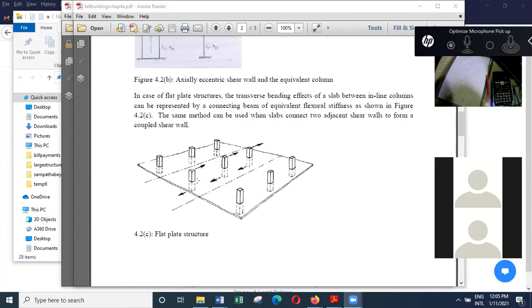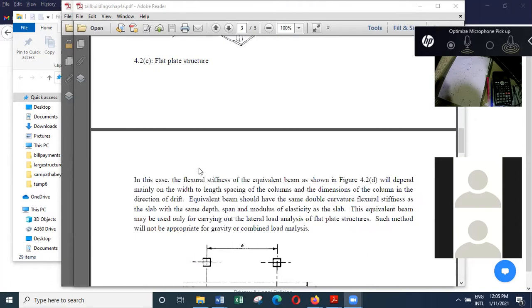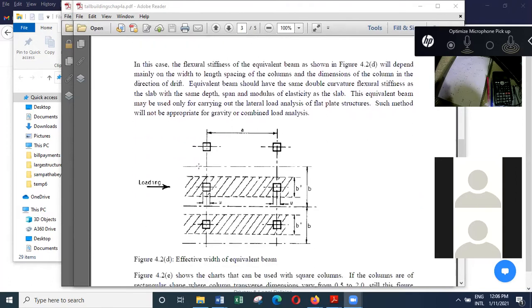When you are doing the analysis, if you want to represent these slabs as beams, then we have to find the width of the beam, and to find it we have to consider the size of the column, the distance between centers of columns this way and the distance between centers of columns this way, and based on that we can find a width that is effective in resisting the lateral loads.